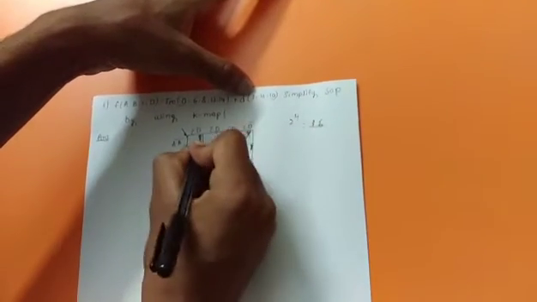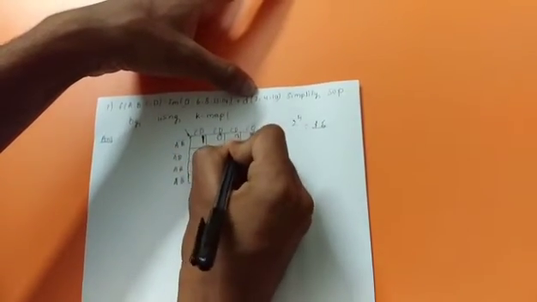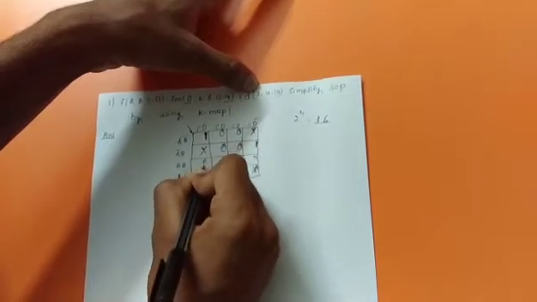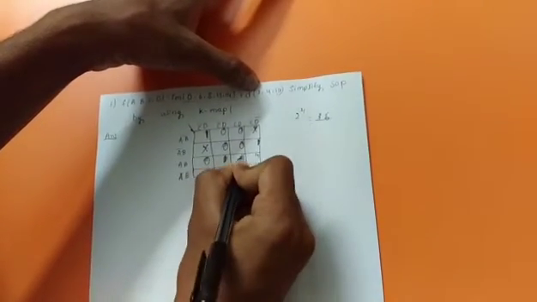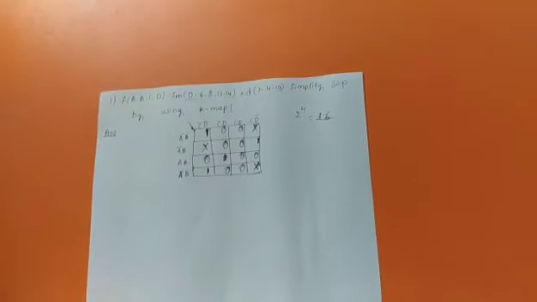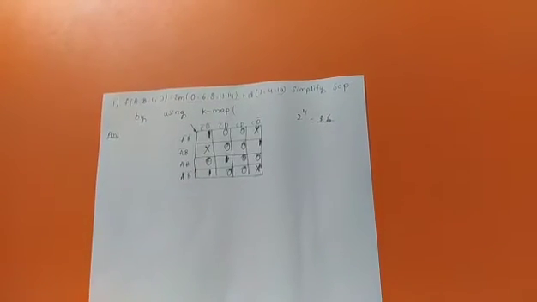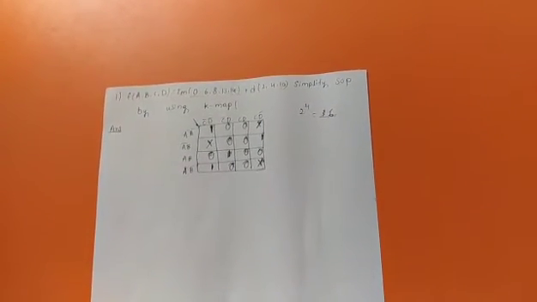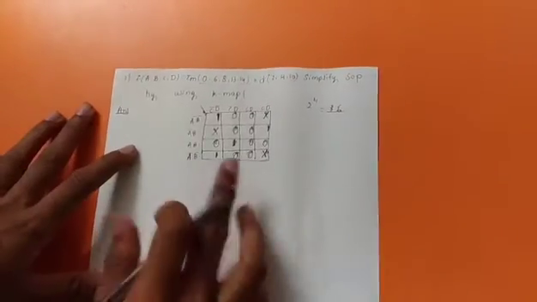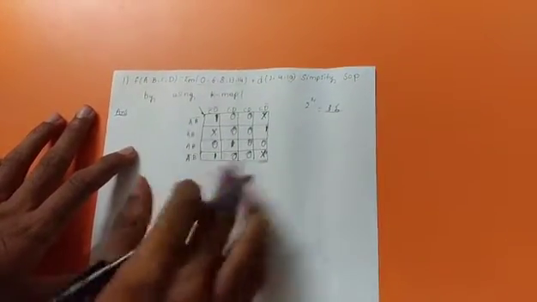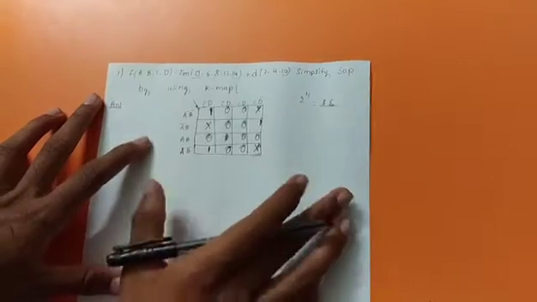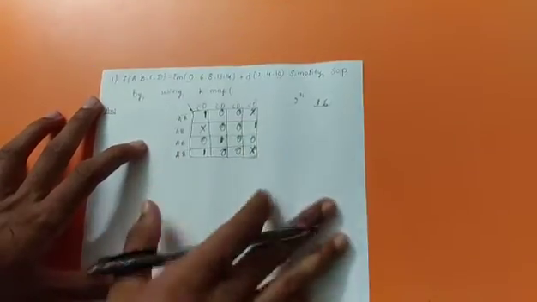Apart from these, all are 0. Now we group the ones into squares, octets and pairs according to where they are placed.